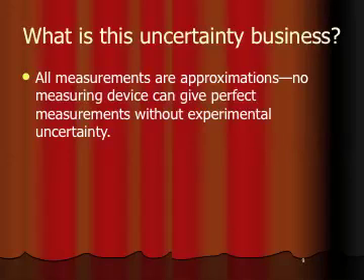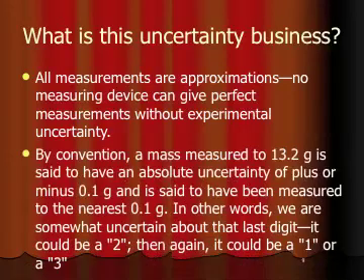So if instead of using a ruler to measure something that is 0.1 millimeters big, you are using a micrometer that can measure up to a 1,000th part of a millimeter, then you could probably measure 0.1 millimeters with no trouble. But remember that all measurements are approximations. Some are very close approximations and some are large approximations. No measuring device can give you perfect measurements. They can give you very close approximations. And this not perfect approximation is called uncertainty.